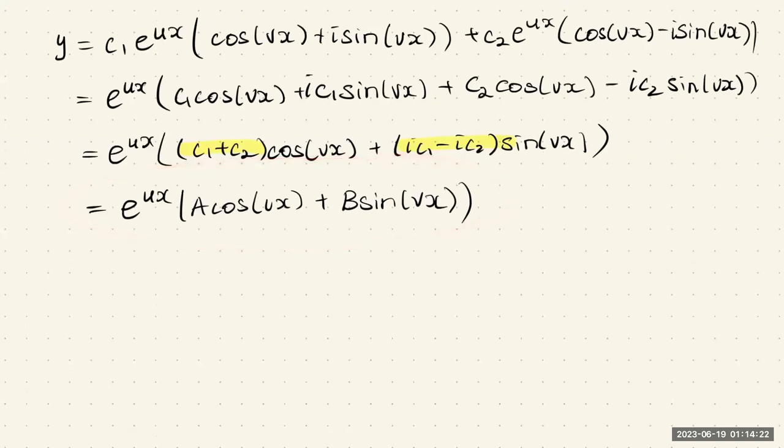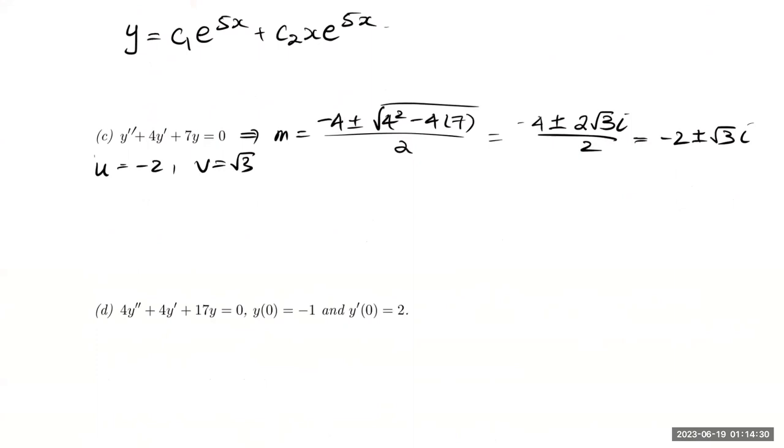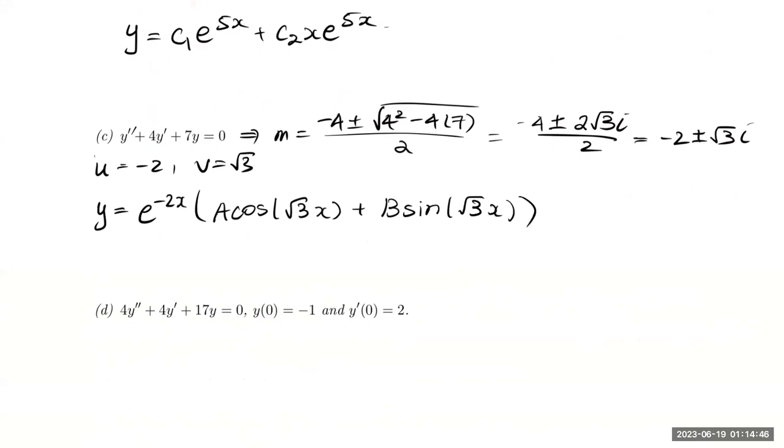So u is -2, v is root 3. That means our solution is e^(-2x) times (a cos root 3 x plus b sin root 3 x). And that is the solution.